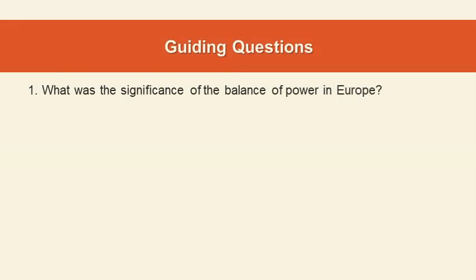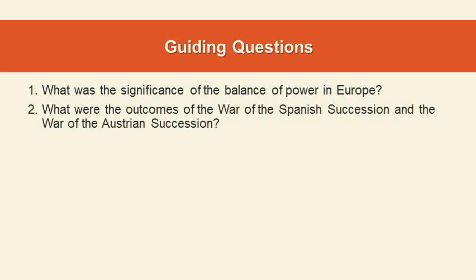What was the significance of the balance of power in Europe? What were the outcomes of the War of Spanish Succession and the War of Austrian Succession? And again, succession is about who becomes the ruler afterwards. If there's not a clear process of succession, like in our country, if the president dies, then the vice president becomes the president.